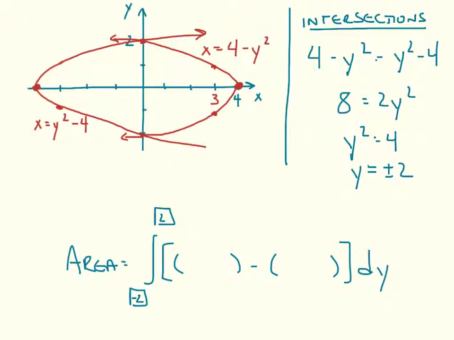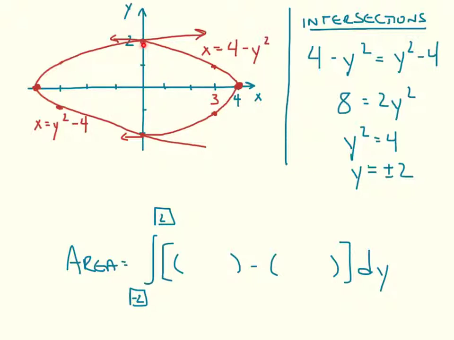Now the question is, what goes in the first set of parentheses, what goes in the second set of parentheses? Well, again, based on my picture, I can see that the sideways parabola 4 minus y squared is always to the right of the parabola y squared minus 4 over this interval from negative 2 to 2 along the y-axis.